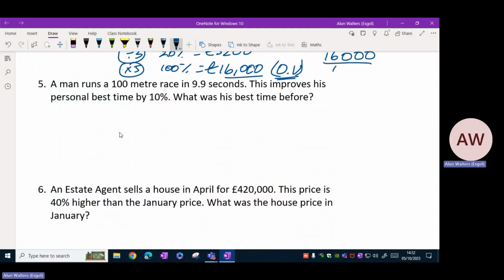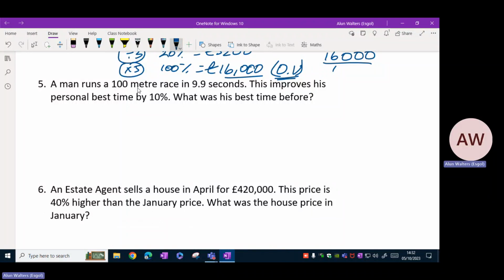I'm going to say once again, pause the screen, try question 5 and 6, and then I will give you the answer once you resume. Okay, if you've had enough time to do the questions, let's crack on with these then.